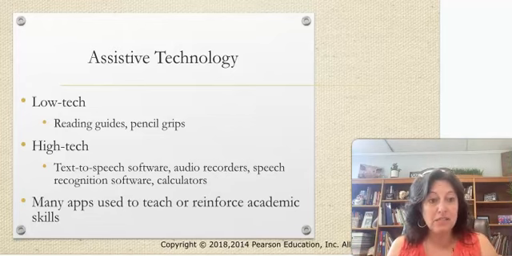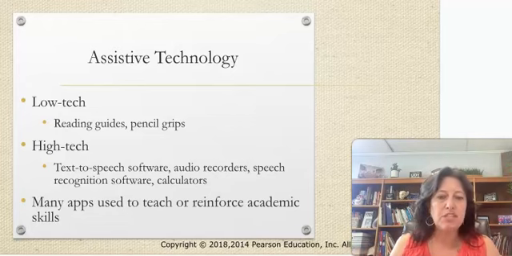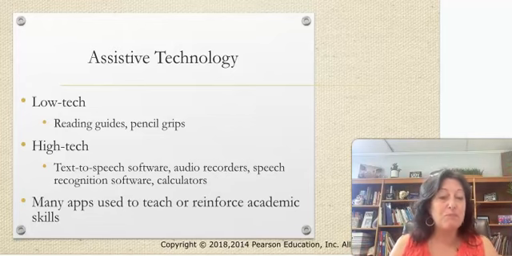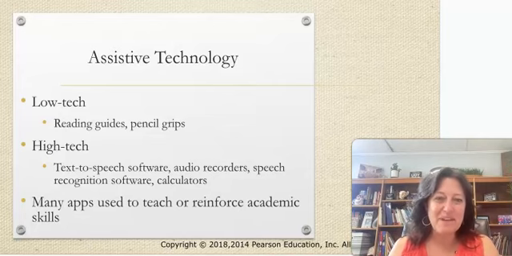To things like pencil grips, knowing how to hold a pencil and having a grip put in place to help you do that. To high tech: speech to text or text to speech software, audio recorders, speech recognition, calculators. All of these are considered more of the high-tech ways of having assistive technology. So these are things that you can consider as you're helping your students.